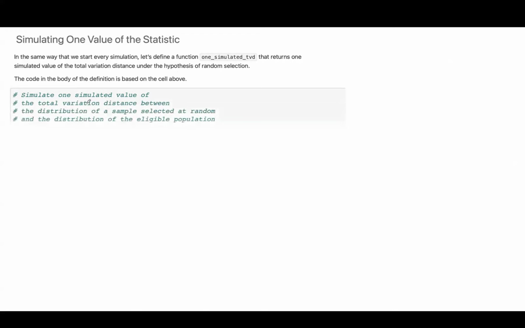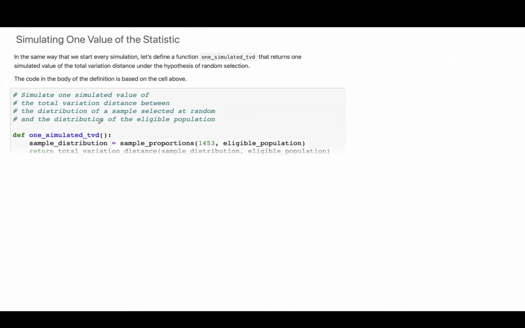The code in the body of the definition is based on the cell above. So let us simulate one value of the total variation distance between the distribution of a sample selected at random and the distribution of the eligible population.